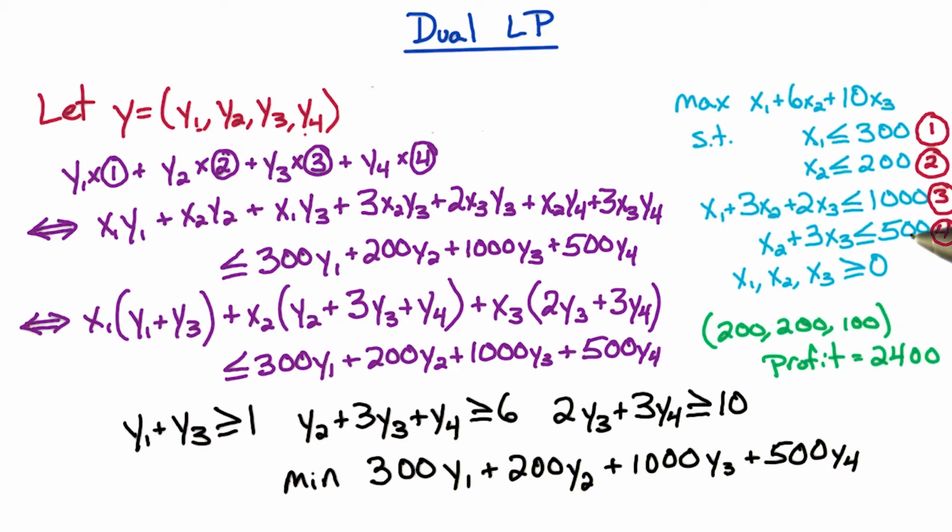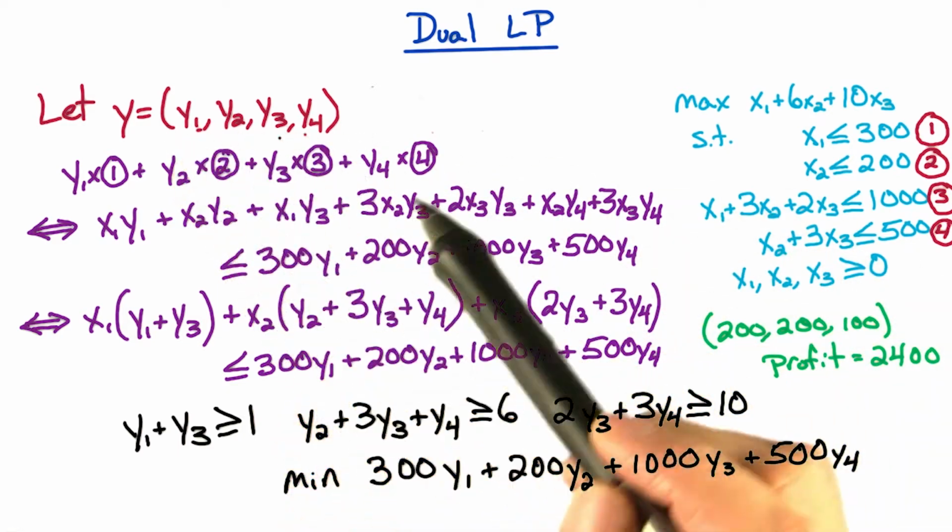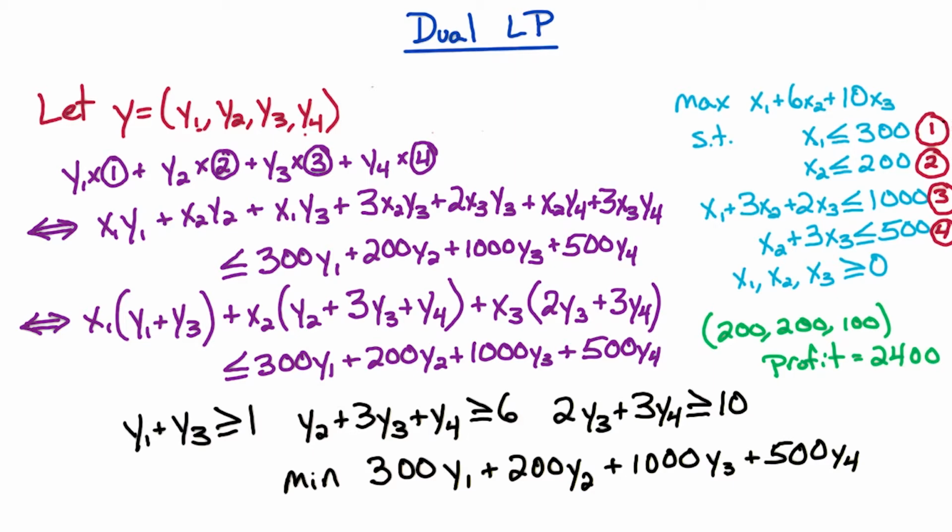One last note. Notice we have four constraints in the original LP. We're going to take a linear combination of these four constraints. We want to find out what are the coefficients in that linear combination. So we're going to have four variables in our new LP, one corresponding to each of the constraints.